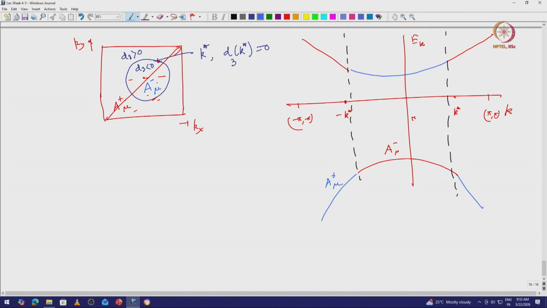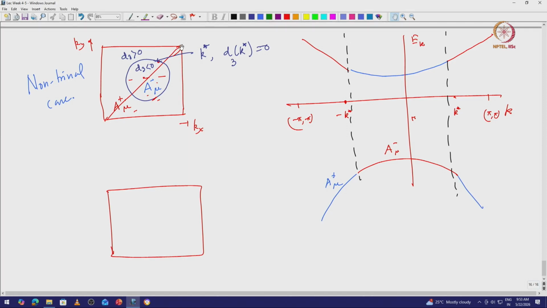And if it is a trivial case, then so this is the non-trivial, and obviously the trivial case would be in this case this contour will gradually go to 0 either at this point or at this point.